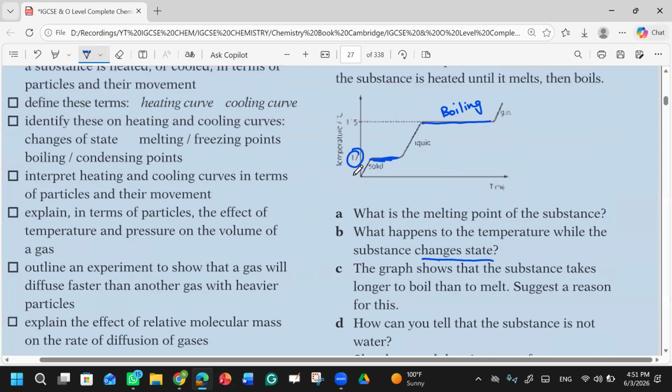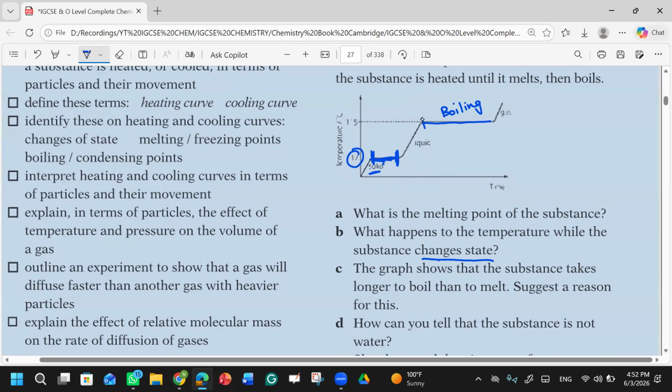See, from solid to liquid, at this stage, why do we have constant temperature? Because at this time, the energy in the system is used to convert it from solid to liquid, right? That is why this is a constant temperature.